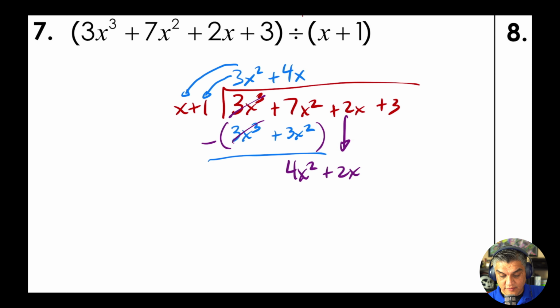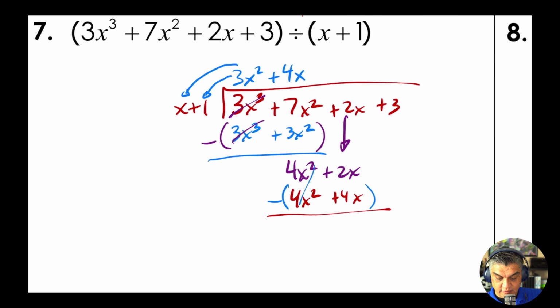So now we look, 4x times x is 4x squared. And then 4x times 1 is, that's easy, 4x. Then I subtract that whole thing. And so 4x squared minus 4x squared, just like we want, it's gone. It's a 0.